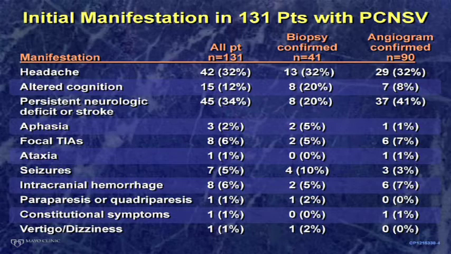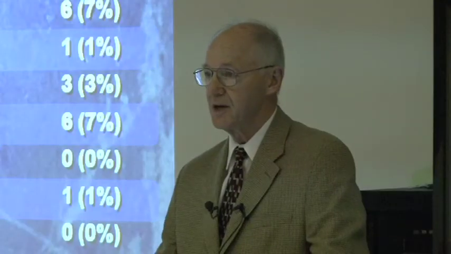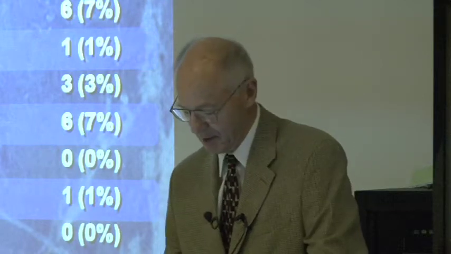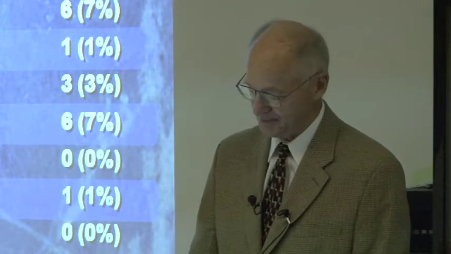Again, it's the headache, altered cognition, and a stroke or persistent neurologic changes. Something's happened to that patient, and we have about 3/4 of the patients in that group. And there's no difference between the two here. So that's the case, but it'd be just our luck to see a case and have it present in some unusual way. But that's all part of medicine.